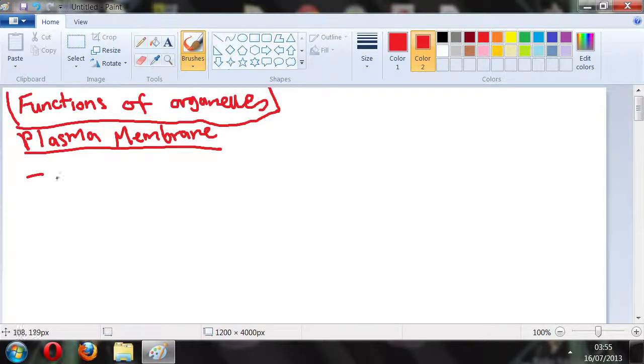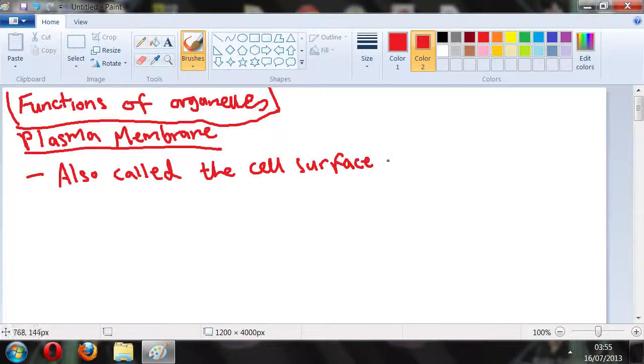Well, it's also called the cell surface membrane, and it's really a key component of the cell, and has much to do with transport. Phospholipids are very important when it comes to that.